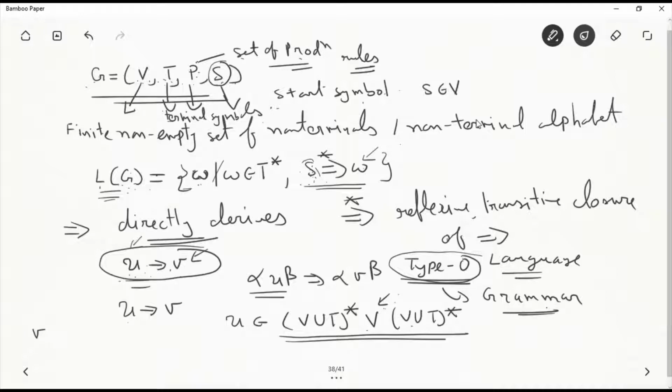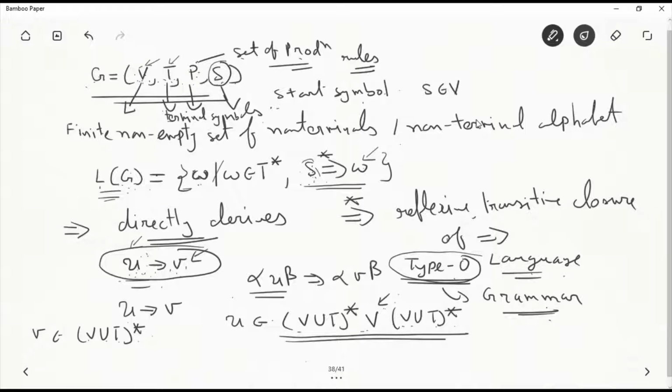V, and V belongs to star closure of V union T. So any combination of terminals and non-terminals is permitted on the LHS, and any combination of V union T is possible on the RHS, but the restriction is that at least one variable must be there on the LHS of type 0 grammar, and the language generated by such grammar is called type 0 language.